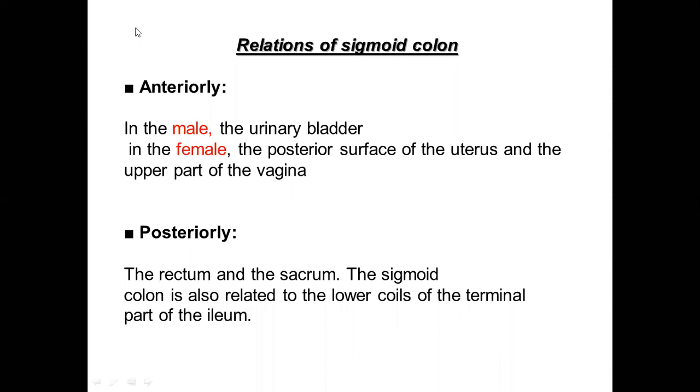In the male, you will find the urinary bladder anteriorly, but in the female, there will be the posterior surface of the uterus and the upper part of the vagina. While the relationship posteriorly to the sigmoid colon will be the rectum and sacrum in both male and female. And also, the sigmoid colon is related to the lower coils of the terminal part of the ileum.